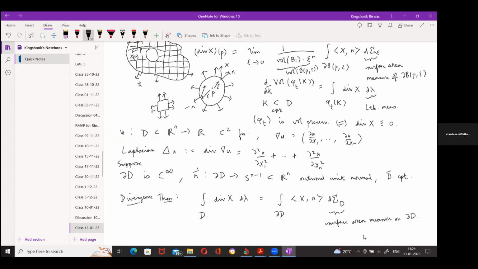Because if I take any cubes which are in the interior of the domain, any face of the cube is common to two cubes, and the outward unit normal from one cube will point this way, but from the other cube, the outward unit normal will point in the opposite direction.